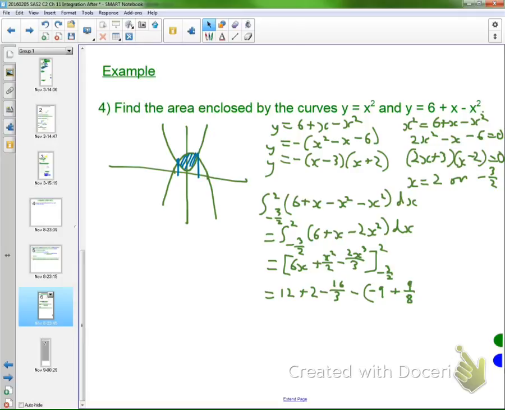So we have 9 over 8. And then we have 27 over 8.